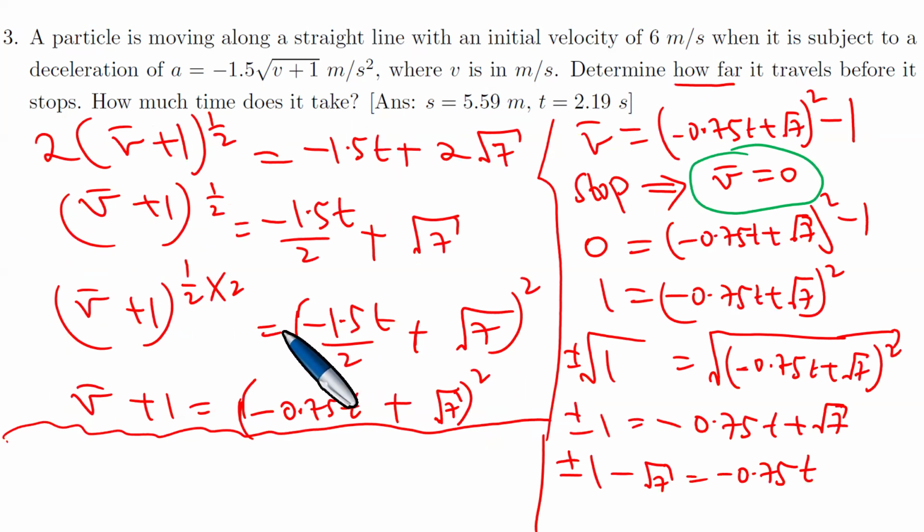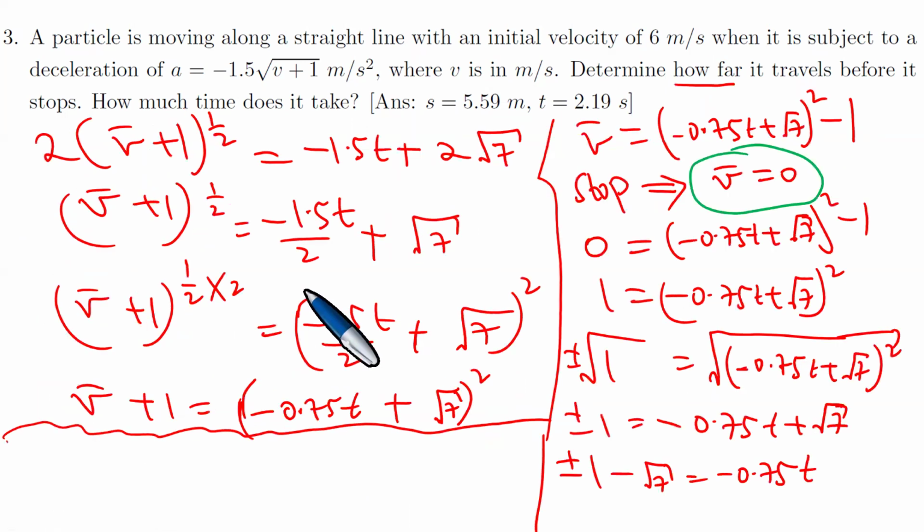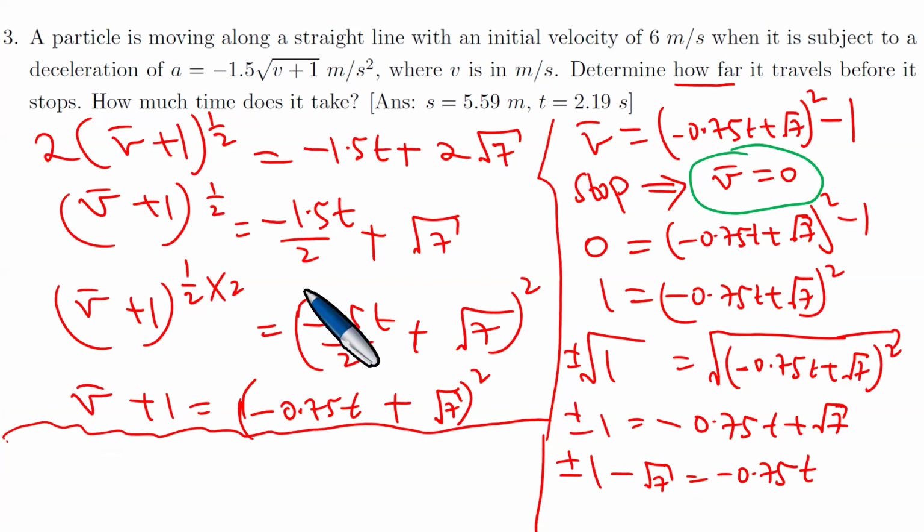I'm trying to really get to the bottom of why it's not working out easily. You have this, and then you divide by 2. But you add. Divide by 2.